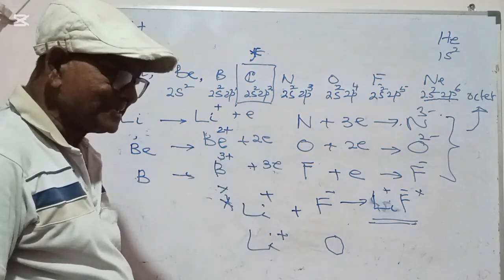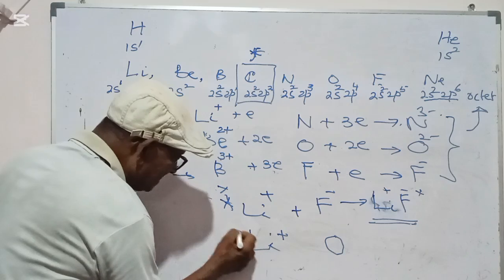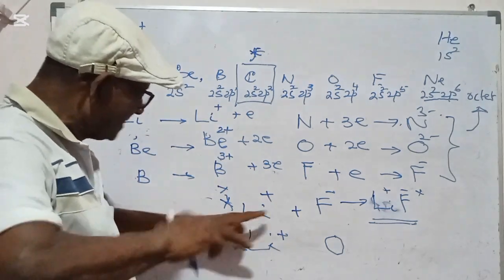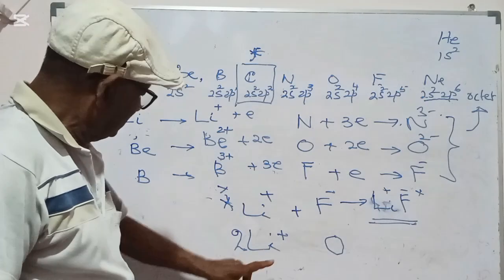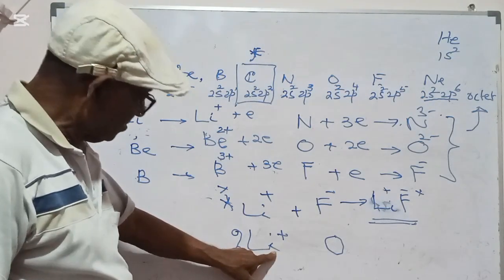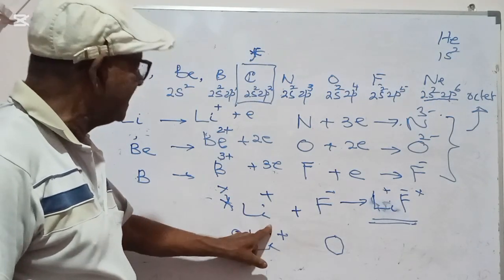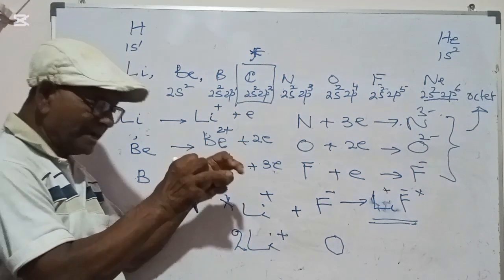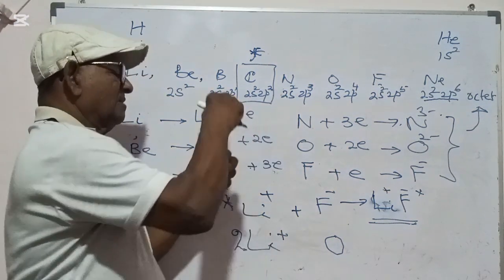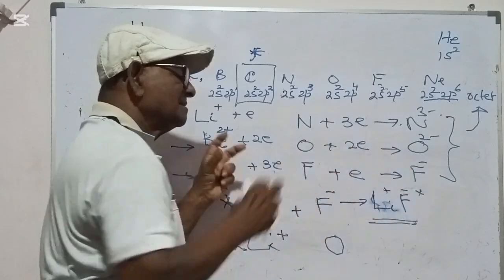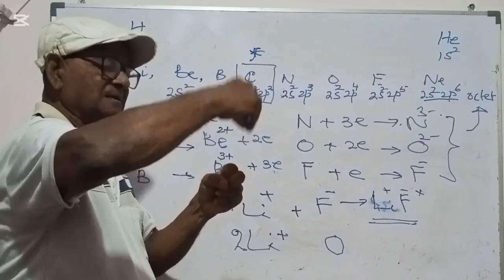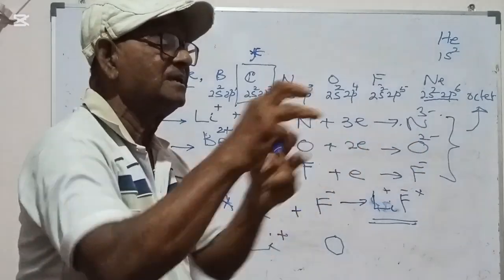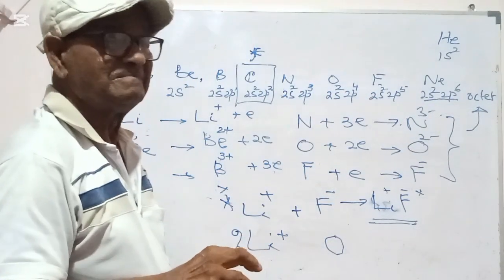So it is clear that if two lithium atoms remove electrons one by one each, two Li plus ions are formed. One lithium atom removes one electron, the other removes another electron. These two electrons can be taken by one oxygen atom.